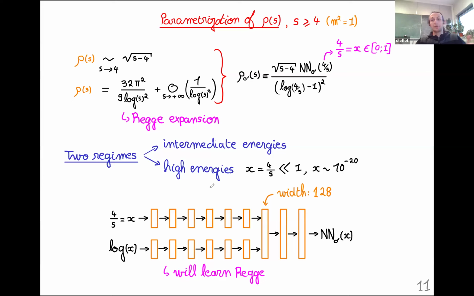The short answer is that you have to try, and you increase the size until it works. I ended with nine layers because this was the depth where the neural network was consistently catching the right Regge behavior. Maybe I can emphasize that in general, you prefer to increase the depth of the neural network: you prefer to add layers rather than increase its width.